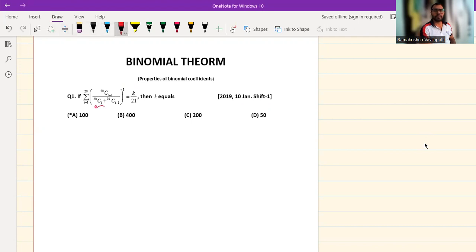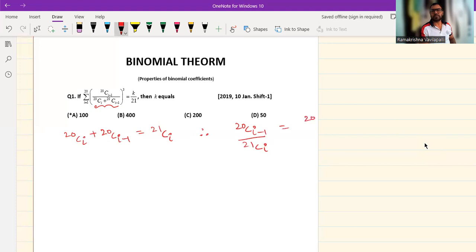Observe, this is an identity that nCr plus nC(r minus 1) equals (n plus 1) C r. So 20Ci plus 20C(i minus 1) equals 21Ci. So therefore, what is 20C(i minus 1) by 21Ci?